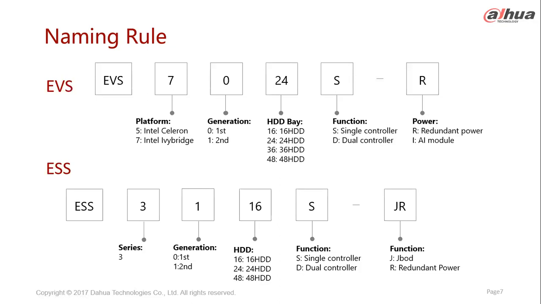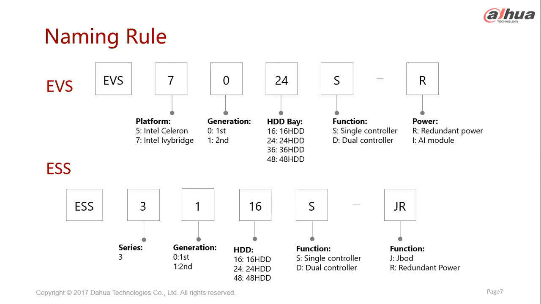Naming rule for EVS. EVS means embedded video storage. So basically it's more like a storage device. EVS supports a platform, Intel Celeron. We have others that can support Intel, and others that are proprietary to Dahua. So we have Series 5 and Series 7.